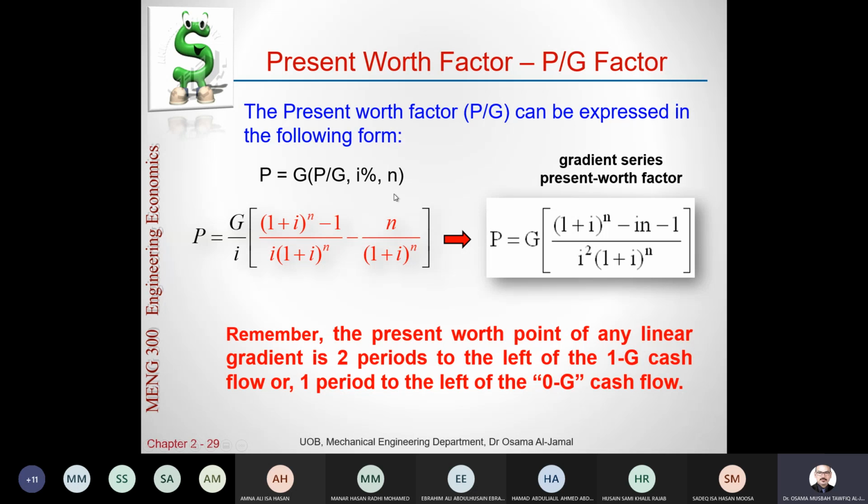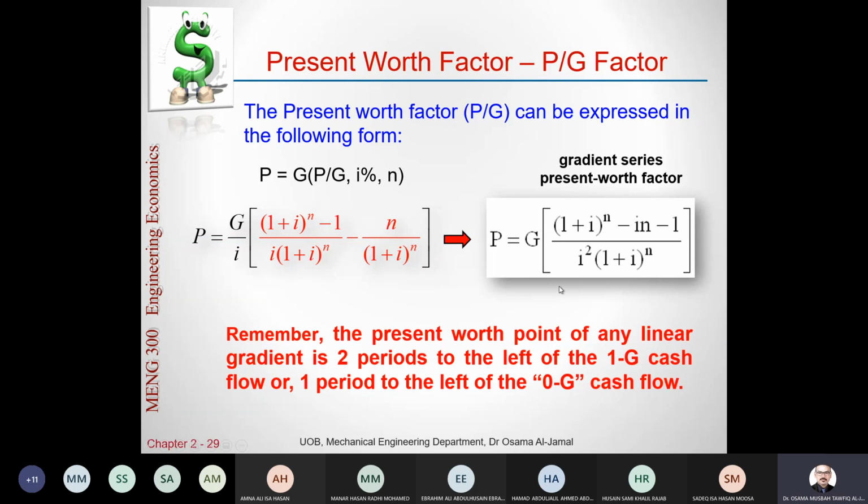The standard notation for it is P equal to G, and whether it's increasing or decreasing, its sign in front will tell us: if it's positive, it's increasing; if it's negative, it's decreasing. P given G, this is standard. You cannot change it by yourself. Always leave it as it is, whether it's P1, P2, P3, whatever, it will be the same. Just P given G. The percentage here and the N will be the same as the base annuity.